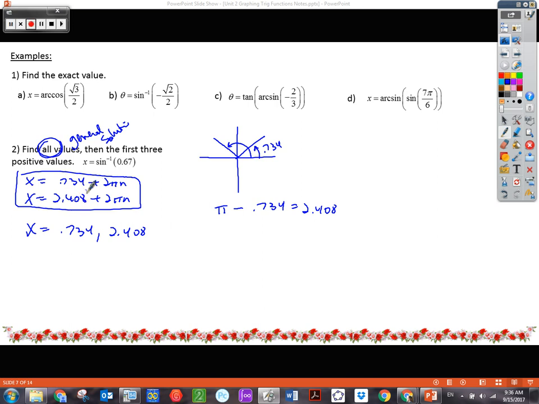Which one would give me the next highest value? Should I add 2 pi to this one, the first solution, or the second one? The first one, right? I should do 0.734 plus 2 pi. Okay, that's going to give me my third and final positive value, and that is 7.017. So my third positive value is 7.017.